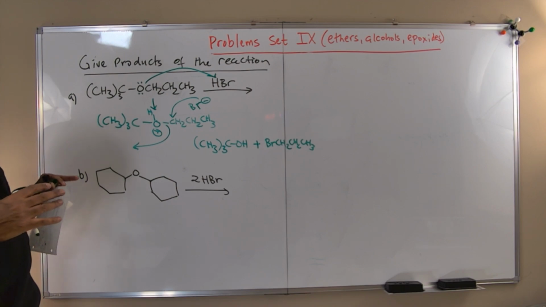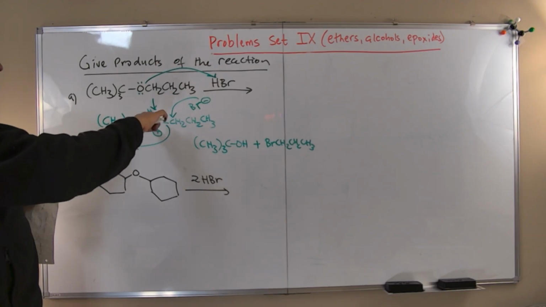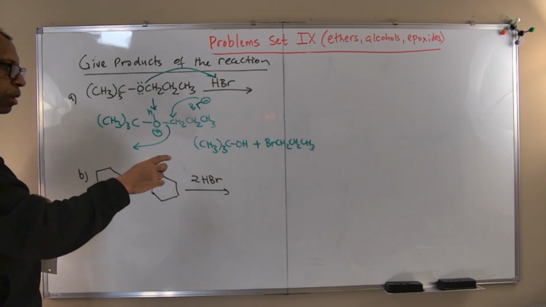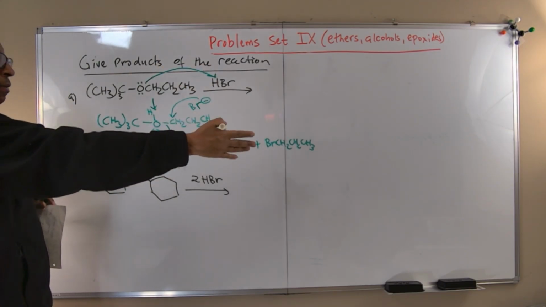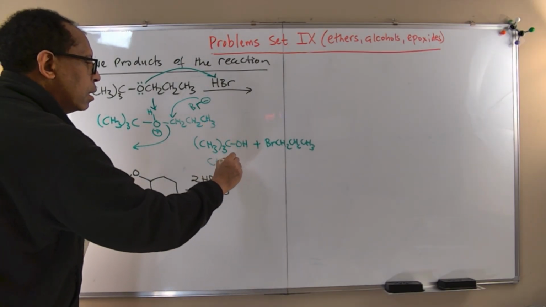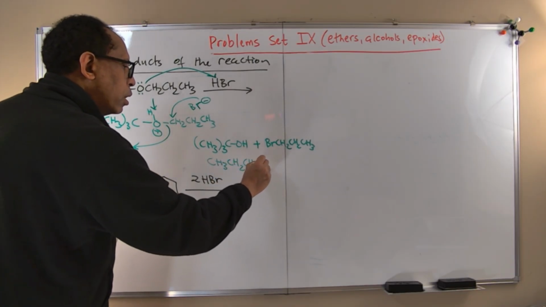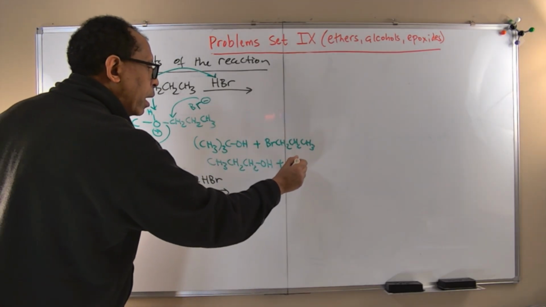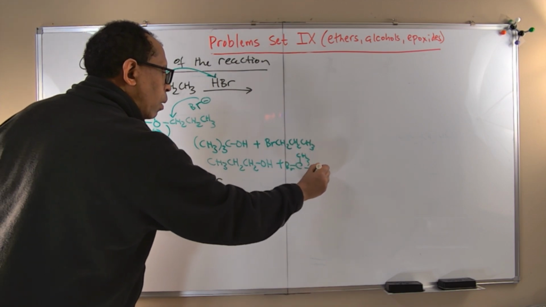But it is also possible that it could leave as the alcohol, and a carbocation would be formed here. If this leaves and the other one is formed as an alcohol, you could also end up making CH3CH2CH2OH, the propanol alcohol, and the alkyl bromide would be Br-C(CH3)3 on the other side.